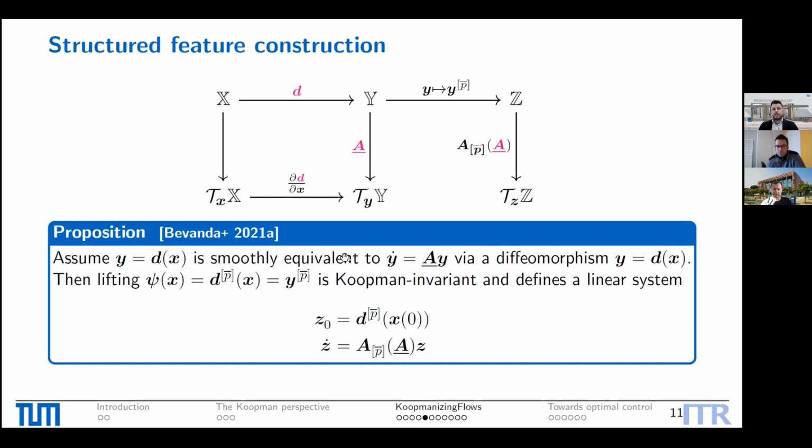And we show in our proposition that if our nonlinear system is smoothly equivalent to a linear one through a diffeomorphism, a continuously differentiable map with a continuously differentiable inverse, then lifting this diffeomorphism through the monomial construction that we propose delivers Koopman invariant coordinates for the actual nonlinear system. And note that for the class of systems we consider, this is non-restrictive, and it is actually expected to hold. We can be equivalent to a linear system.